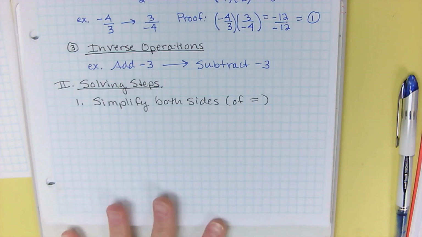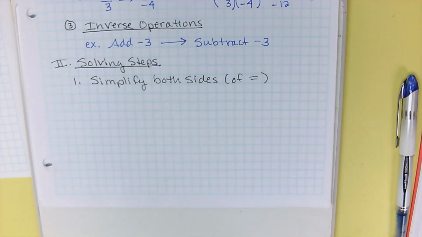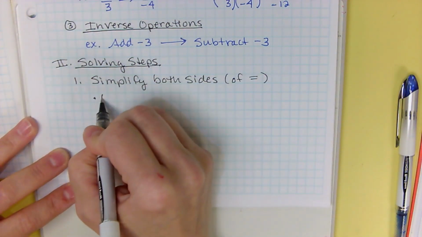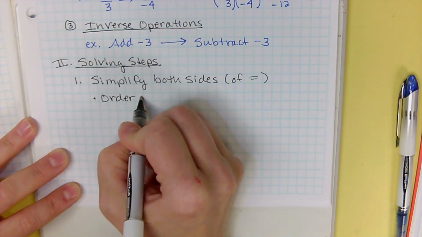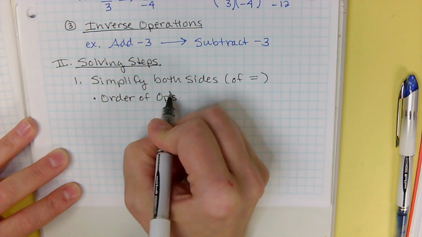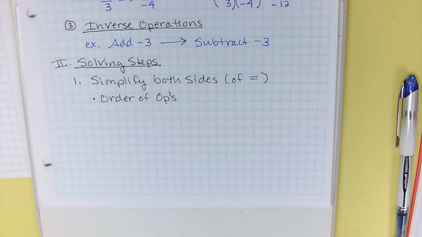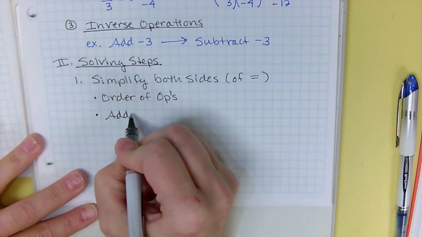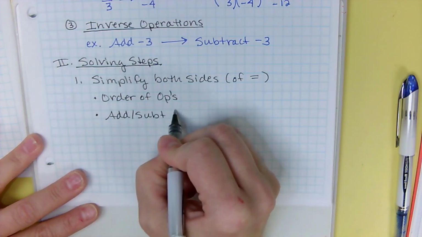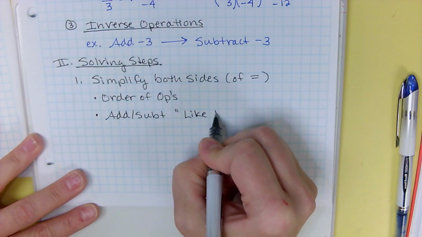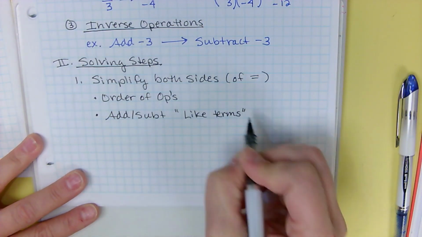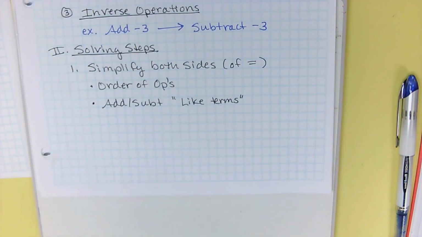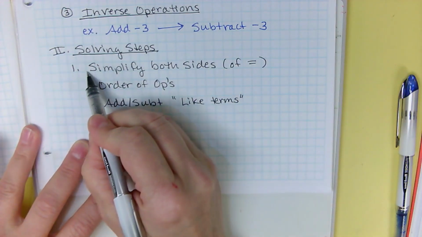Now, we've actually been practicing to get you ready for this. We have done order of operations. That is something that you use to simplify. We have done add or subtract like terms, add an x to an x, a number to a number. That is a part of simplifying both sides.